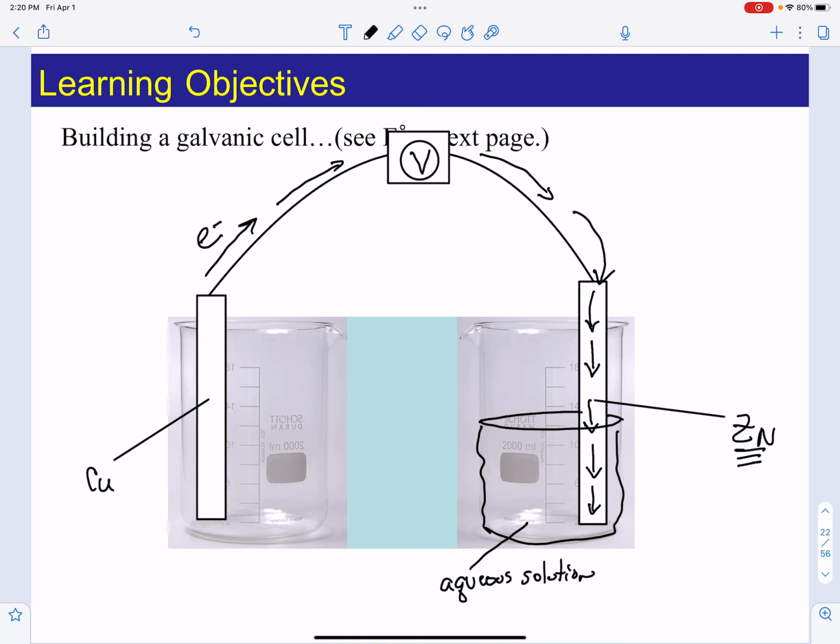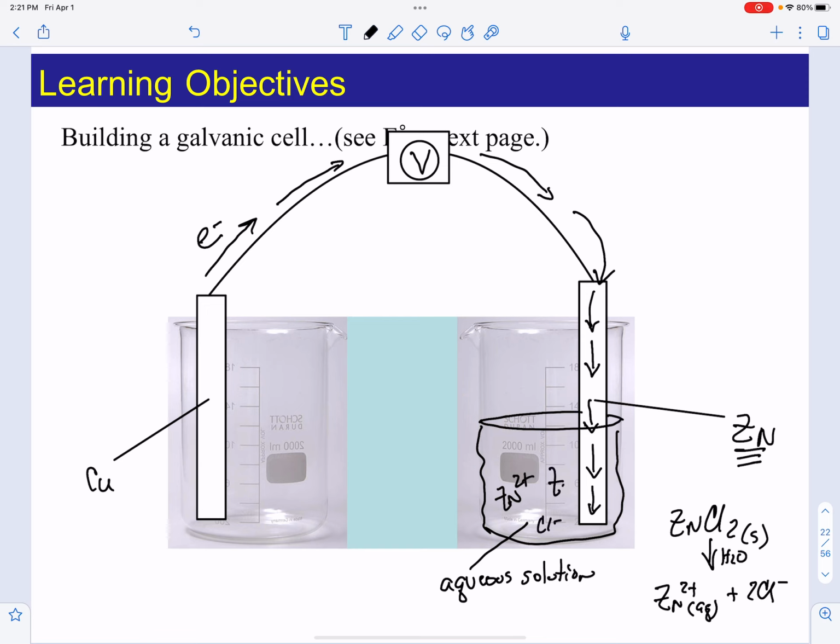To make everything easier, since we're dealing with zinc, we're probably going to put in there something like zinc chloride, which is a solid, but when I put it in water, it's going to go into zinc 2 plus and chloride negative. So this solution, which is an aqueous solution, is going to contain zinc 2 plus, chloride, zinc 2 plus, chloride, chloride, and chloride.